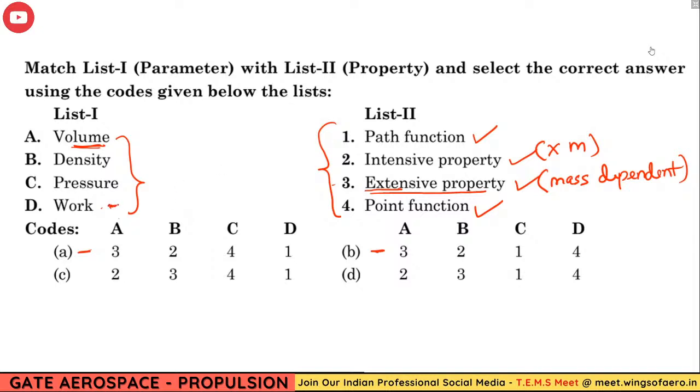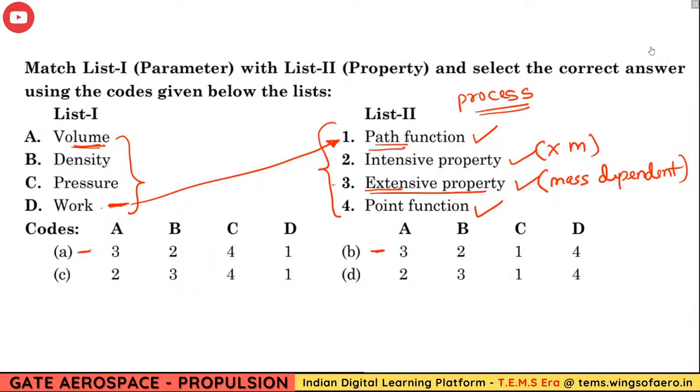Work is a path function. It is dependent only on the process, based on the process. That's why it is a path function.